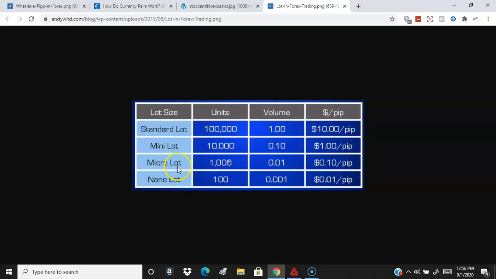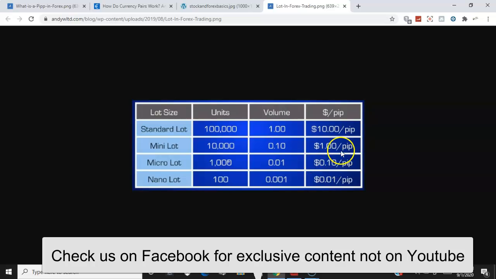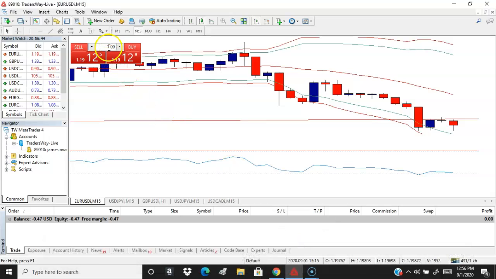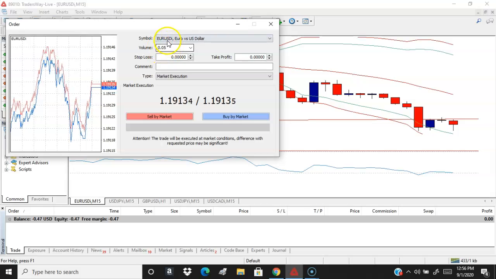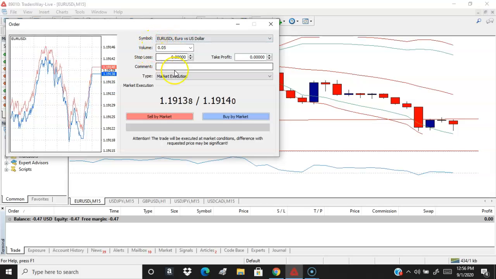But since I already have it set up on micro lots, I would probably put a dollar volume in there, and it actually ended up being a dollar per pip. Okay, so you will put that there, and if you want to enter a trade, let's say here. So the volume here is at a nano lot right here.